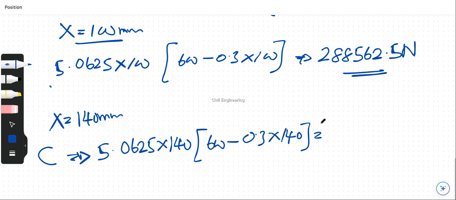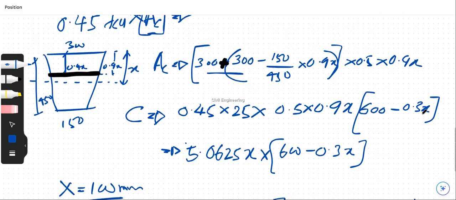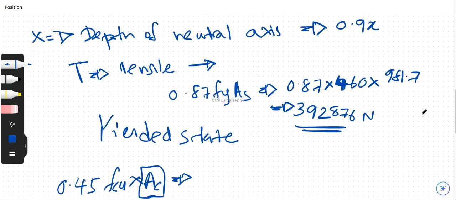Okay, by using a calculator I can get the answer. 0.3 into 140, that is 395. This is the value. Let's check it against the tensile strength.